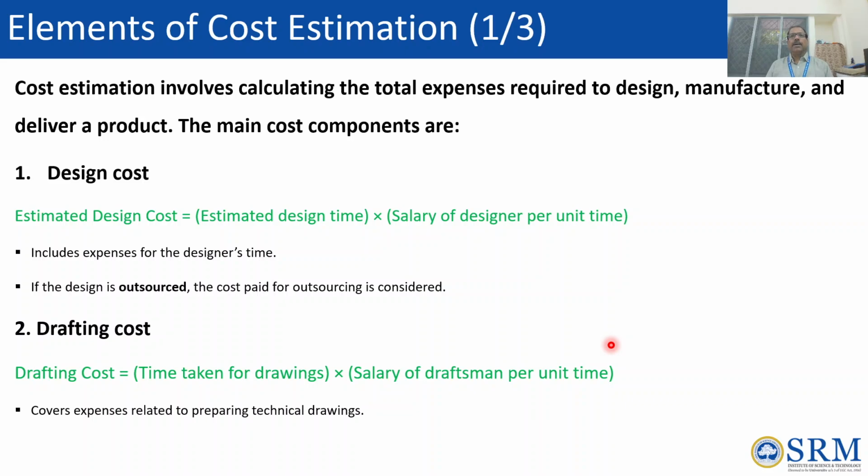But he or she will definitely be able to prepare a detailed drawing, including allowances, tolerances, GD&T concepts, and notifications. Everything will be clearly given in that. So draftsmen also need time to do the drafting of the particular component, to prepare the drawing. So how much time he is taking, we also need to fix some wages, right? So that is the drafting cost.